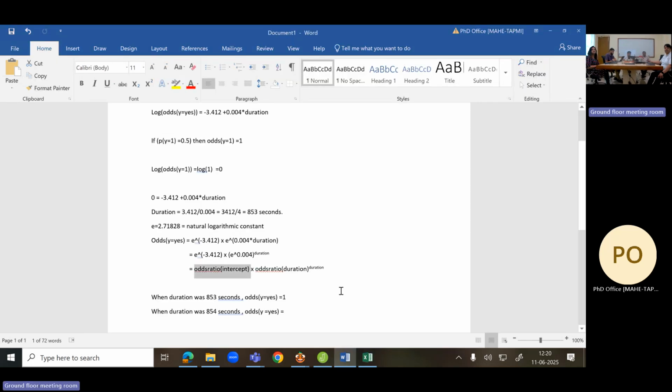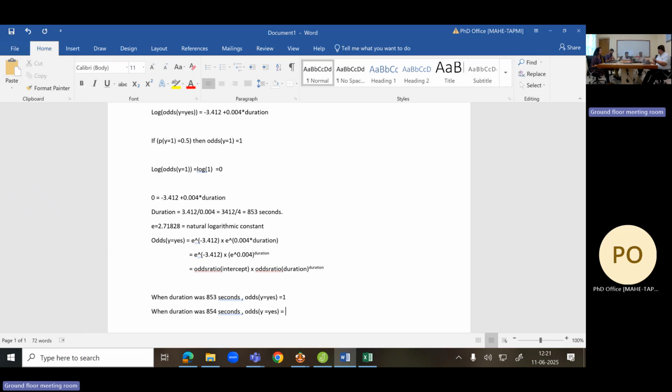Okay, this is what we meant by multiplicative mode. It would be the same as your odds ratio of duration because it was one, no? So one times that is the same.